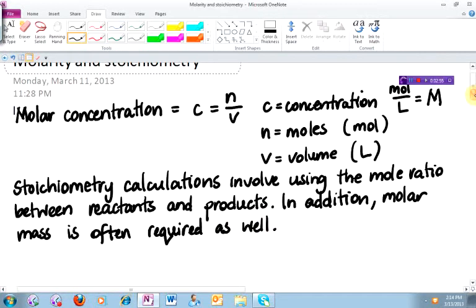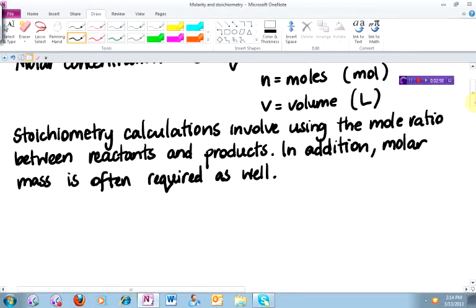So if we're looking at a mole ratio and molar mass, and we're given information about the concentration of a solution, what would be valuable to us then is to calculate the number of moles of a particular reactant we have, and then plug that into our stoichiometry calculation.